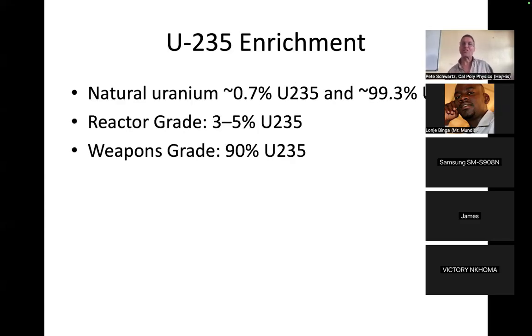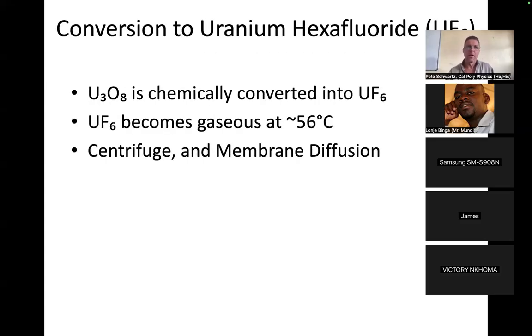And so how much do we have to separate them? Well, to be in a nuclear reactor, we need like 3 to 5%. Weapons grade has to be very pure. Now, you probably looked through, there's a whole bunch of different ways to try to separate them.